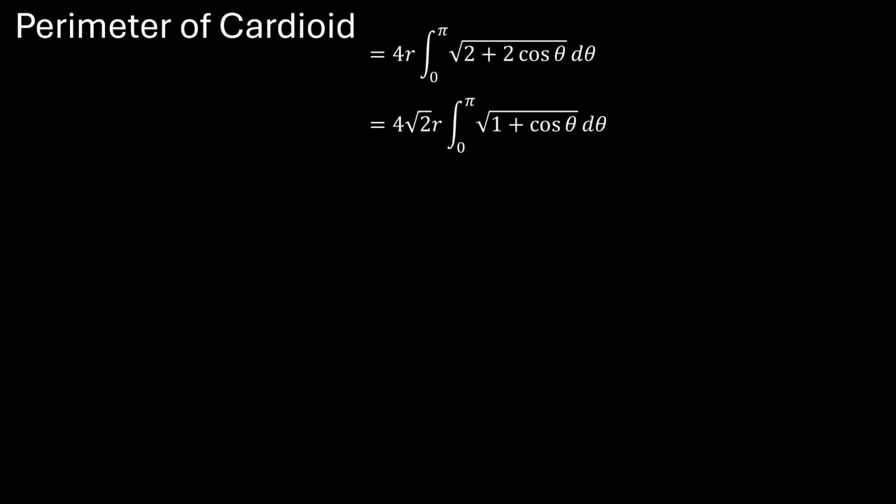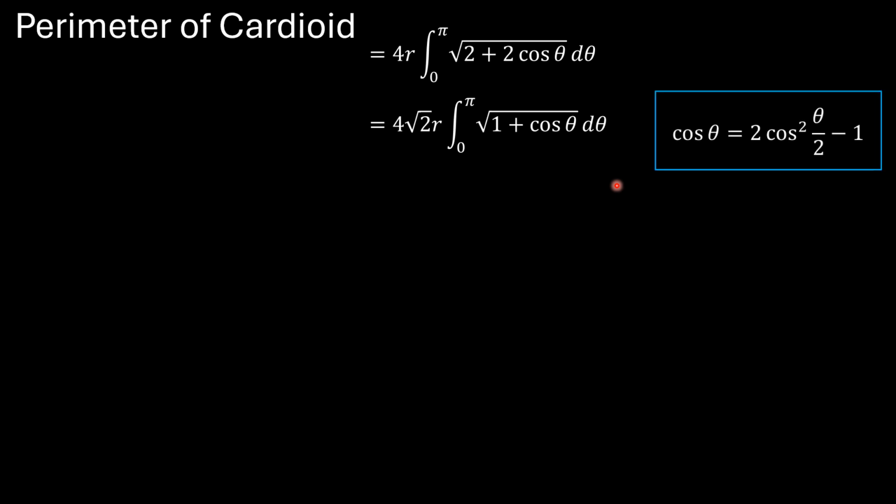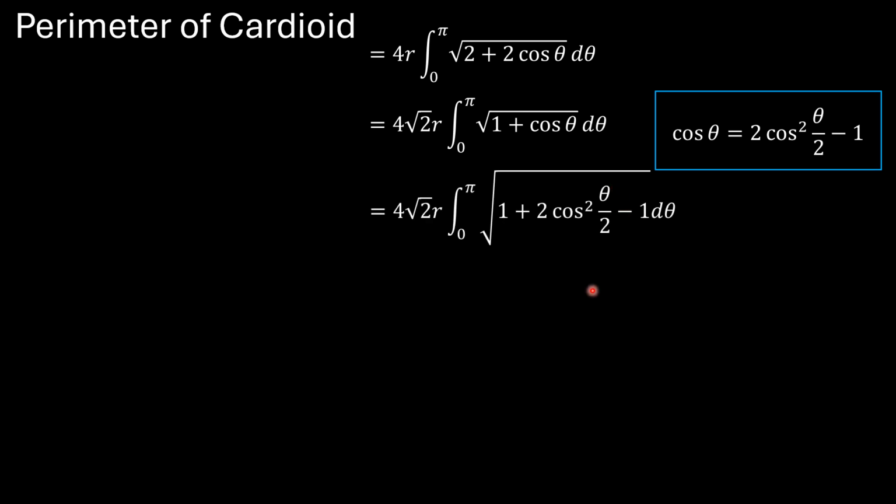Then we can pull the 2 out, so we have 4 root 2 r times the integral from theta equals 0 to pi of the square root of 1 plus cosine theta. Now using the half angle formula, cosine theta is the same as 2 cosine squared theta over 2 minus 1. When we plug that in, the 1s cancel each other, positive 1, negative 1. And so we have 2 cosine squared theta over 2.